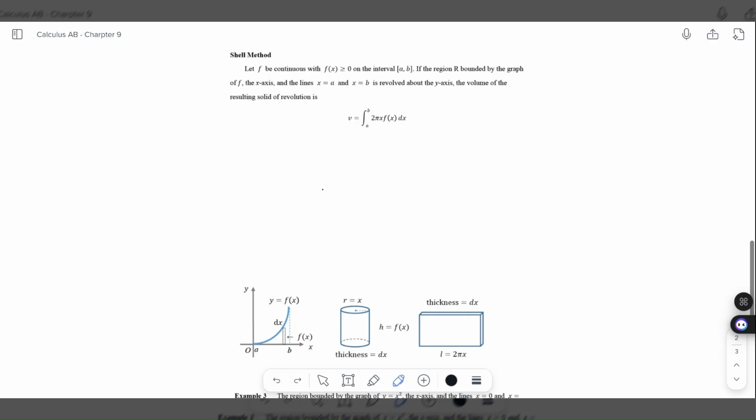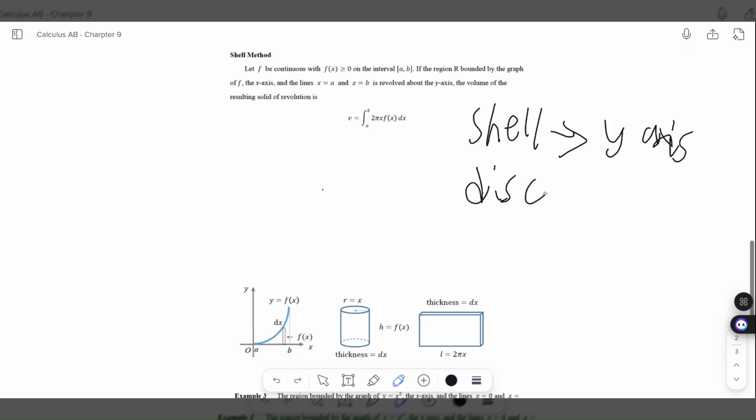So the big difference between this shell method and the disk method is that the shell method is for revolved around the y-axis, and the disk method is revolved around the x-axis. So whenever the question says revolved about the y-axis, use the shell method. If it says revolved about the x-axis, use the disk method.